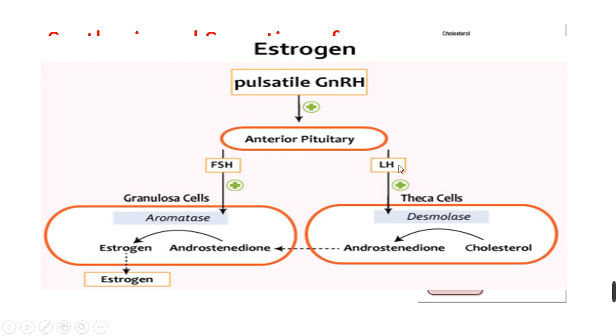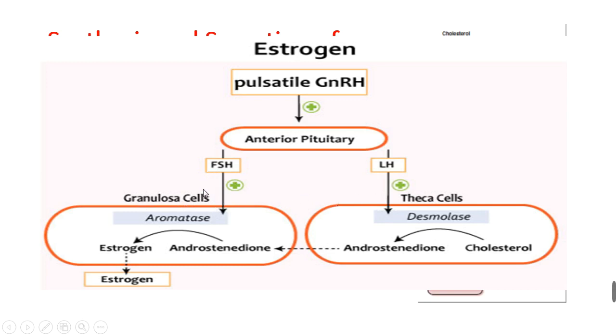and LH. As you see, the LH hormone will stimulate the theca cells to control the conversion of cholesterol into androstenedione in the presence of this desmolase enzyme, while the FSH acts on the granulosa cells of the ovary. Both these cells are present in the ovaries.